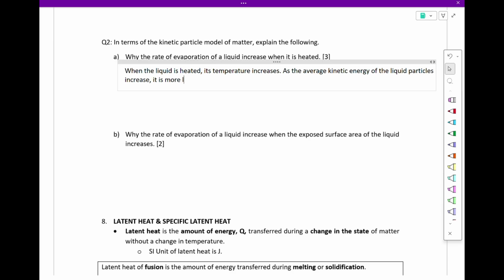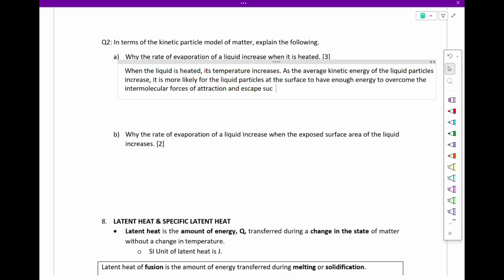It is more likely for the liquid particles at the surface to have enough energy to overcome the intermolecular forces of attraction and escape successfully as gas particles.